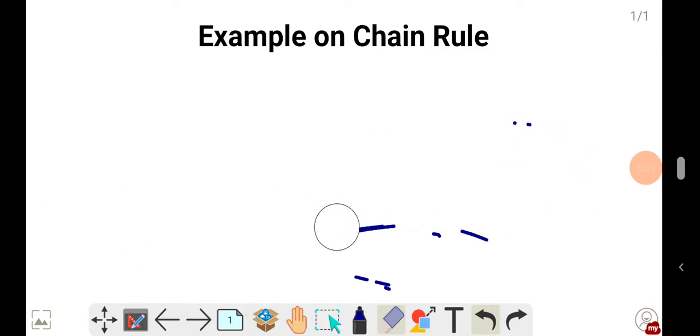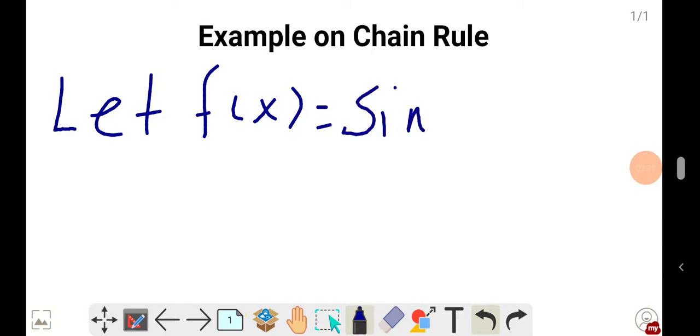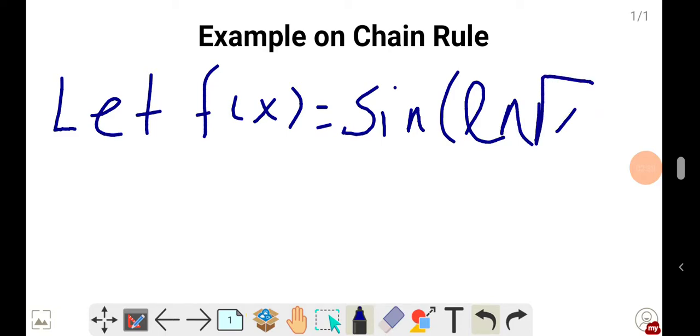Composed function means two or more functions are composed with each other. You can see one example. For example, let our function f of x be sine of ln of the square root of x squared plus 1. Consider this function. This time we can see around 4 functions.